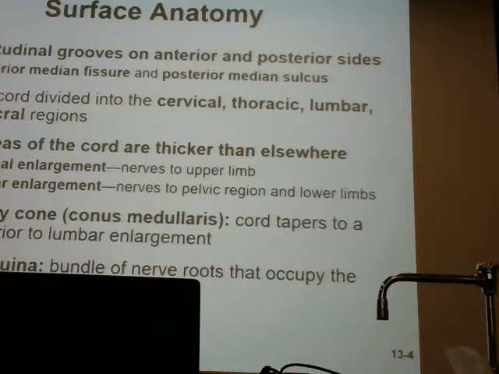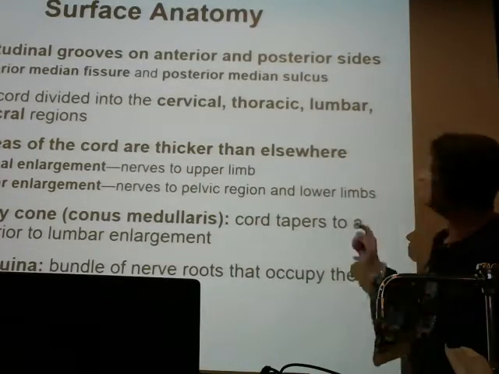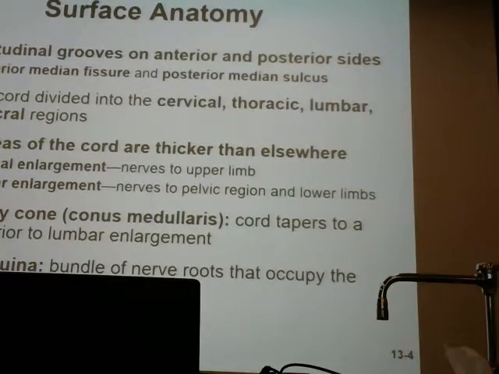Now, longitudinal, long, okay, and on both sides, anterior and posterior. There is a groove that's running through the middle, the anterior median and the posterior median. Remember all your terminology from part 1?